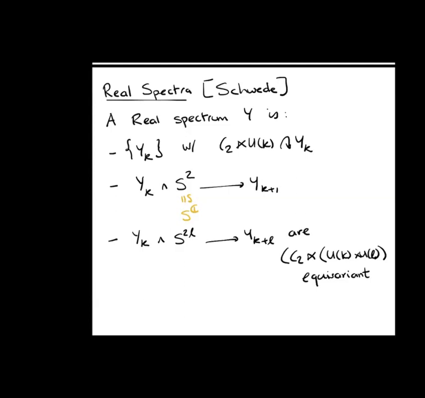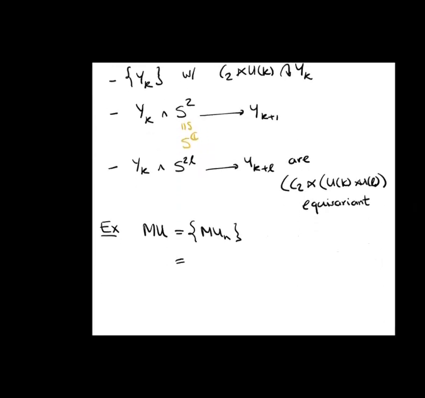Right, and the reason why anyone cares about real spectra is that there is a very useful example. The spectrum MU, given by MUn, which is the Thom space of the tautological bundle over BUn.